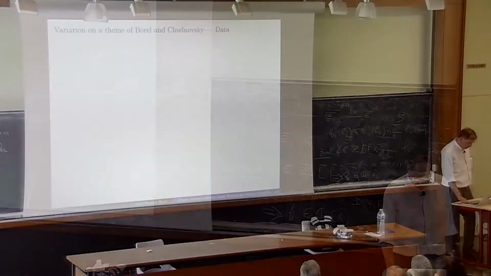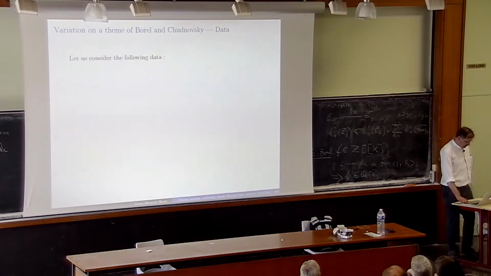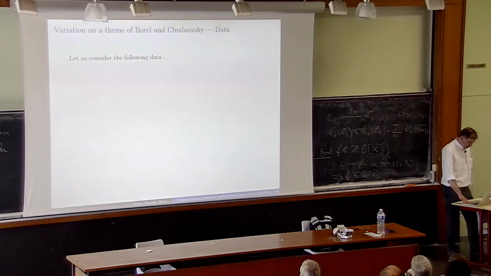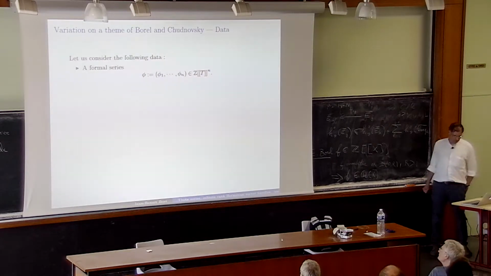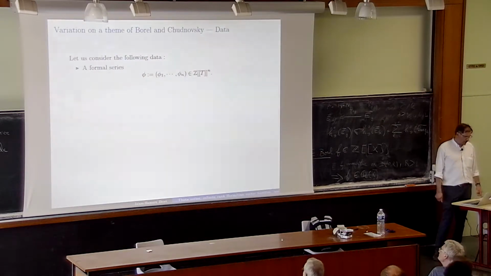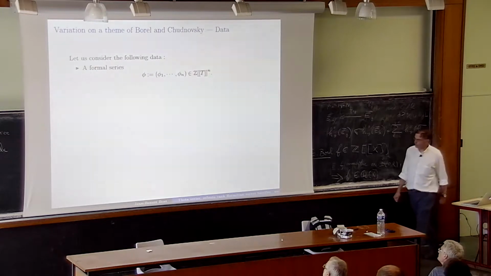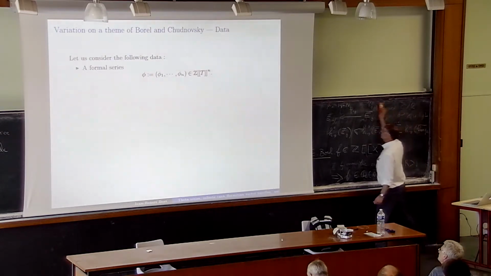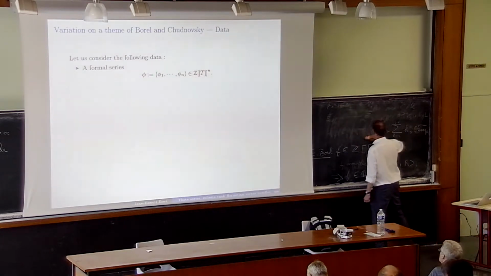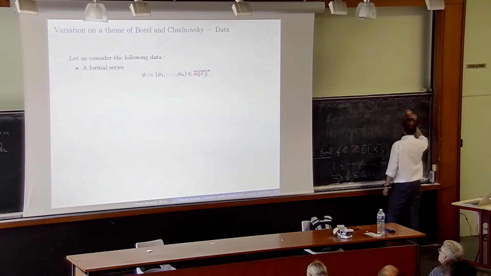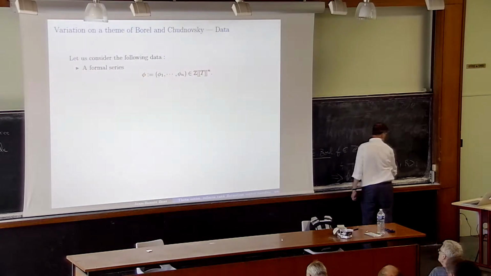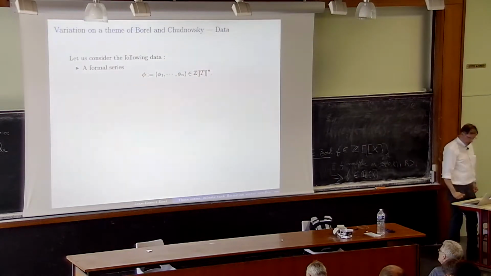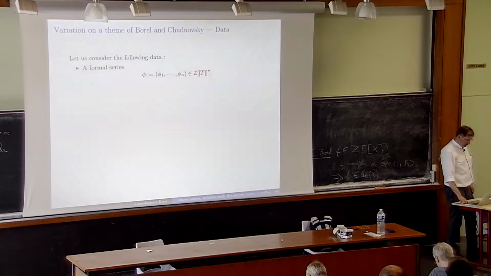Okay. So let me explain some much more modern version of this due to Chudnovsky in a way. So let me consider the following data. I consider families of formal series, phi_1 to phi_n, n of them, with Z coefficients.